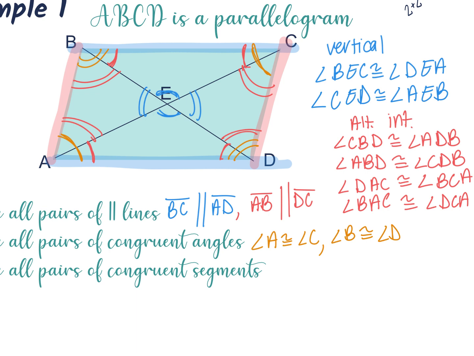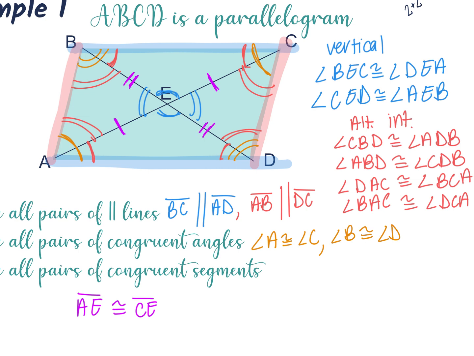AC is the entire line. I need you to split that up and give me a pair. AE and CE. Perfect. I'm using my little purple marks. Segment AE is congruent to segment CE. What's another one? BE. Good.